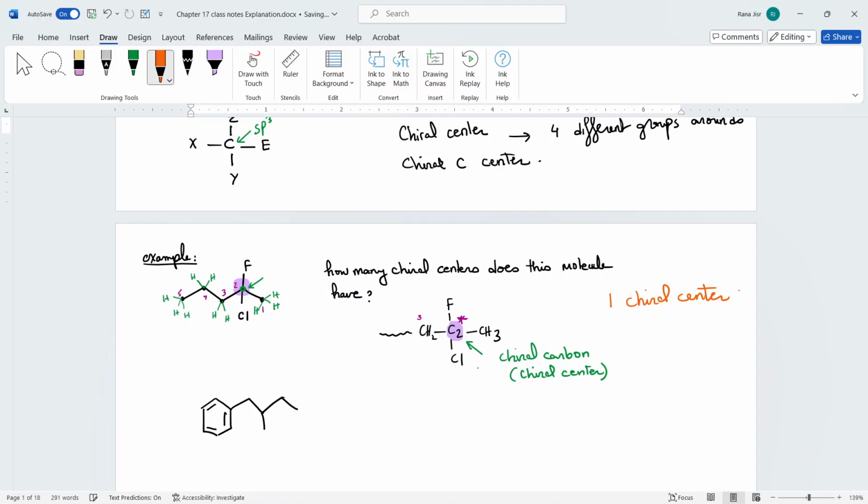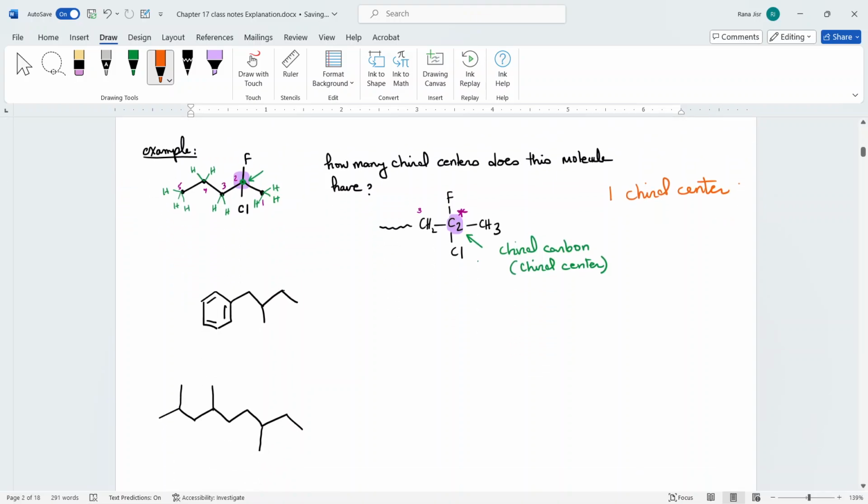Okay, let's have another example. Again, a chiral center needs to be sp3 hybridized. For us, we're going to limit our explanation to the sp3 hybridized carbon, meaning that the carbon needs to have 4 groups around it, and the 4 groups have to be different. Let's look at every single carbon.